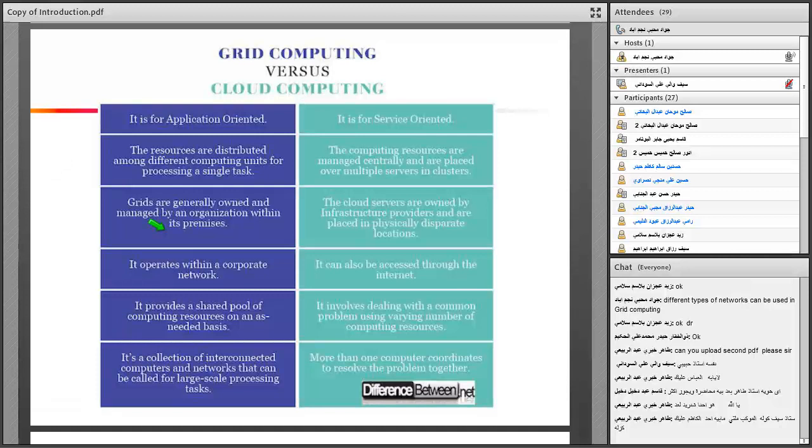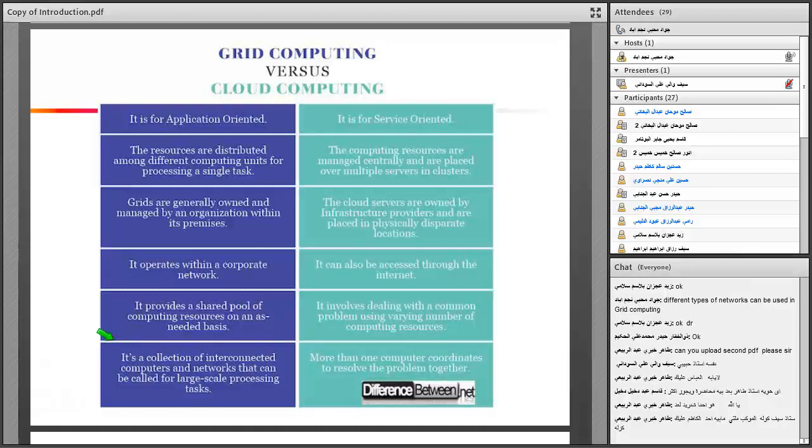So we need to get a premise to connect to the grid computing, but the cloud servers are owned by an infrastructure provider and are placed in physically spread locations. The grid computing operates within a corporate network, but the cloud computing can also be accessed through the internet.